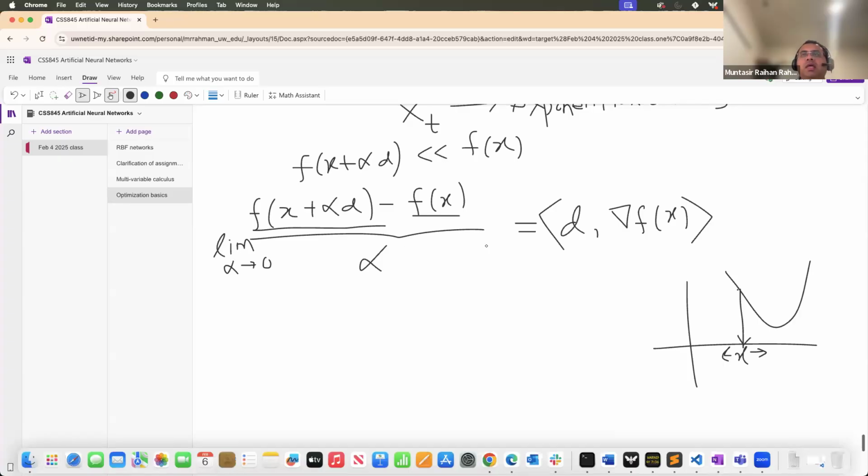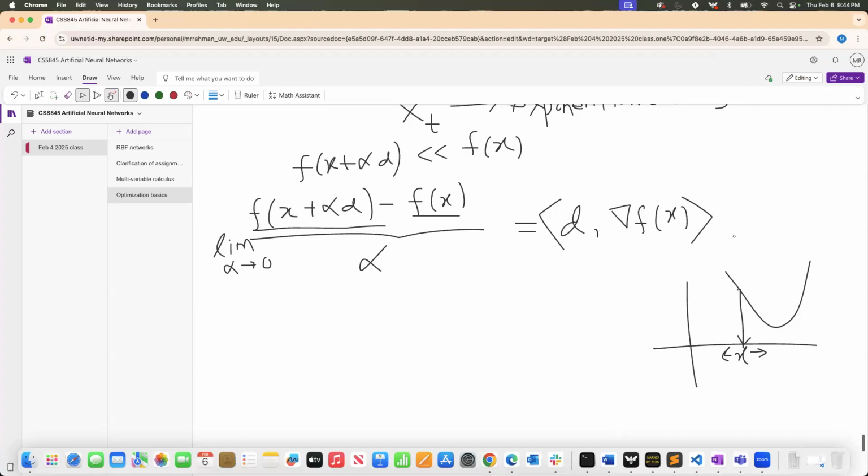If this is the equation, what value of d should I choose to make this value as negative as possible? What would you choose for d here to make this inner product as small as possible?